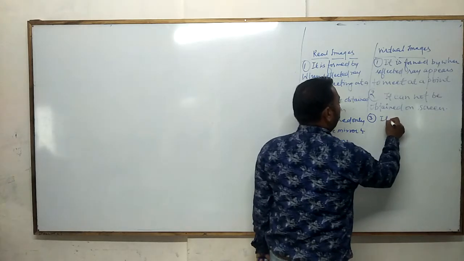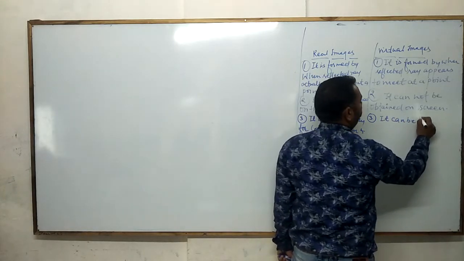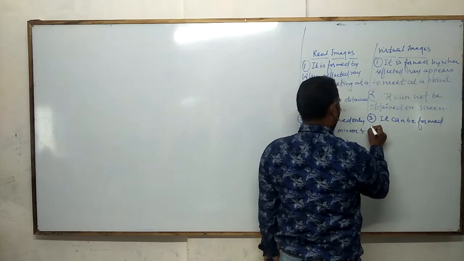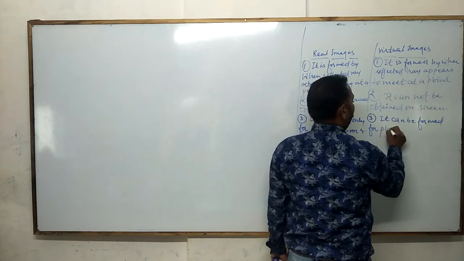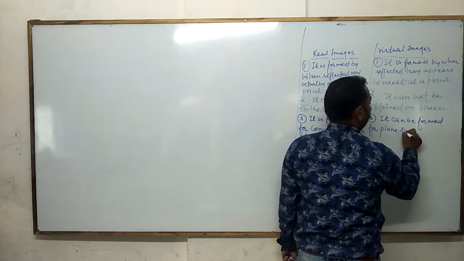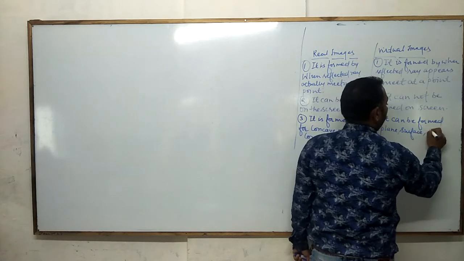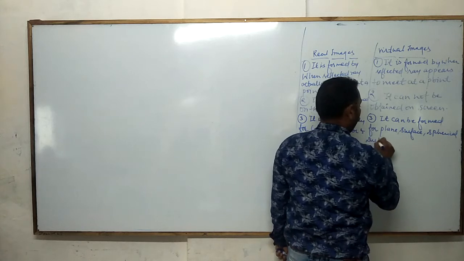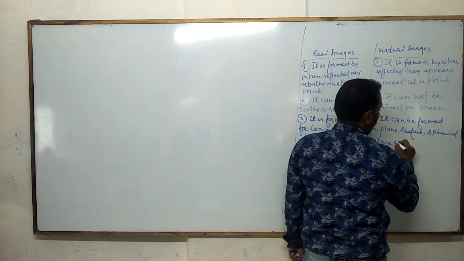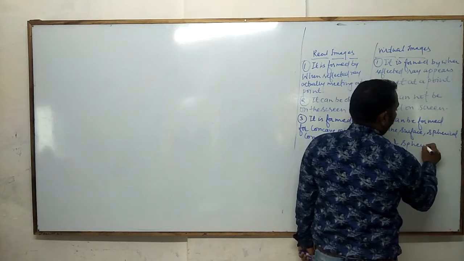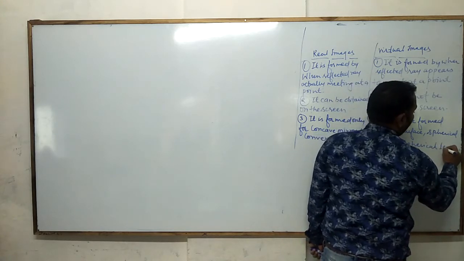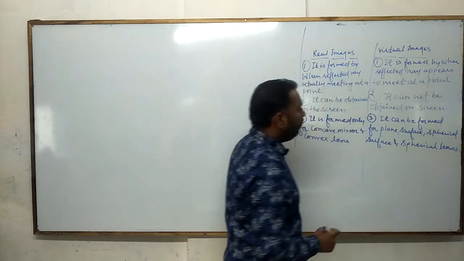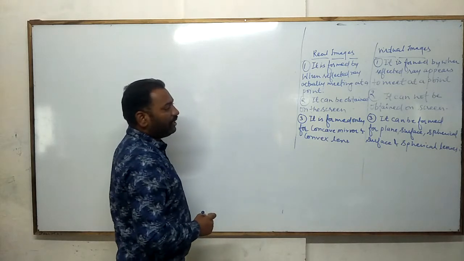And a virtual image can be formed for a plane surface, spherical surfaces, and spherical lenses. So it can be formed for a plane surface, spherical surface, and spherical lenses.